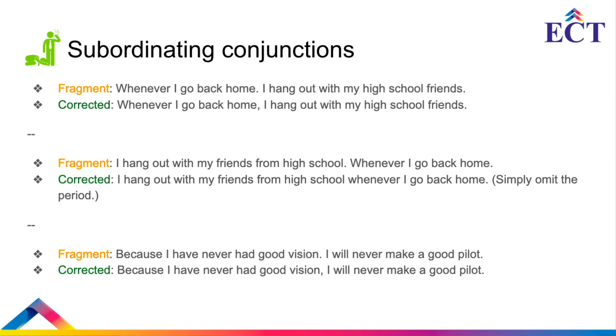Fragments again. Whenever I go back home, I hang out with my high school friends. Corrected: whenever I go back home, I hang out with my high school friends. Why is there a possibility of error? Because I hang out with my friends is an independent clause, and whenever I go back home is a dependent clause.